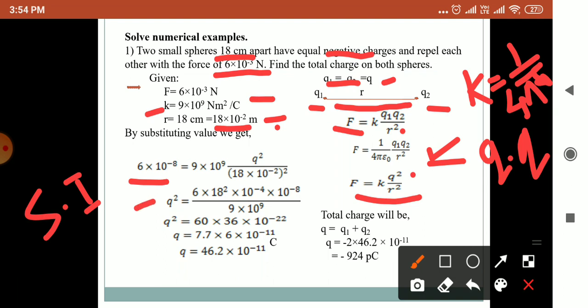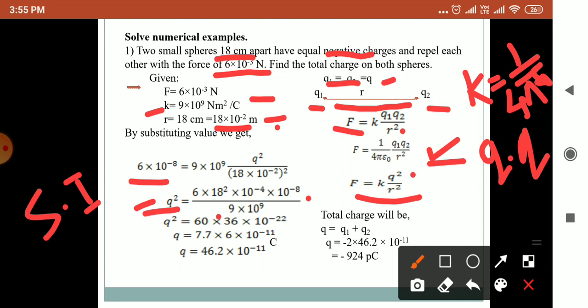So convert this in terms of Q square. We get Q square equal to 6 into 18 square into 10 raised to minus 4 into 10 raised to minus 3 upon 9 into 10 raised to 9. So by solving all these terms, this is Q square. Further we have to take its square root.